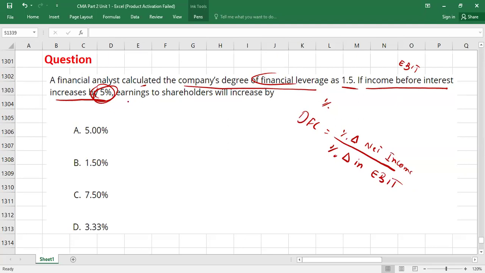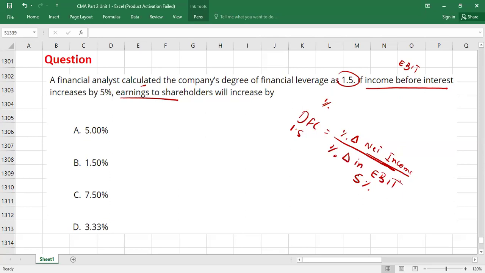Now let's read the question. A financial analyst calculated the company's degree of financial leverage as 1.5. So the 1.5 answer is given. If income before interest and tax is increased by 5%, this is the denominator, it is given. Earnings to shareholder, earning means net income obviously, will increase by what?